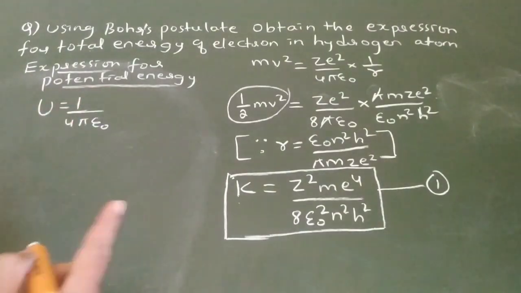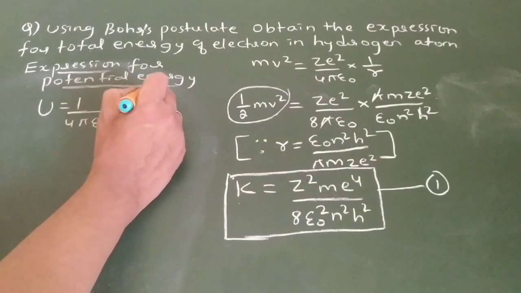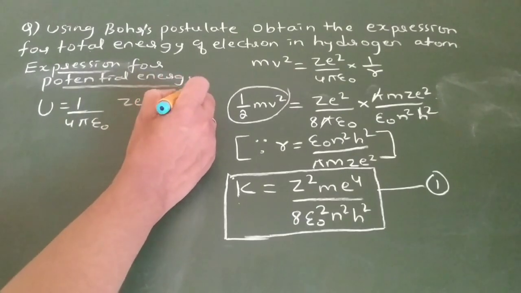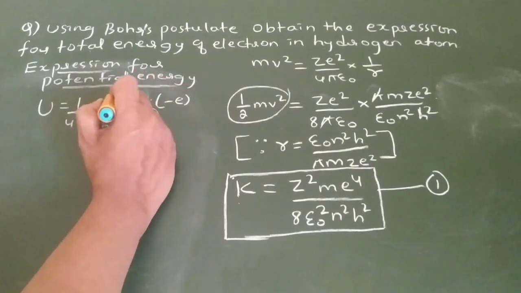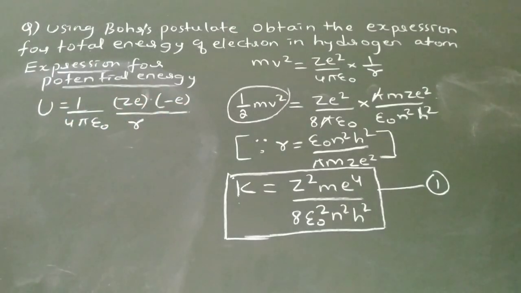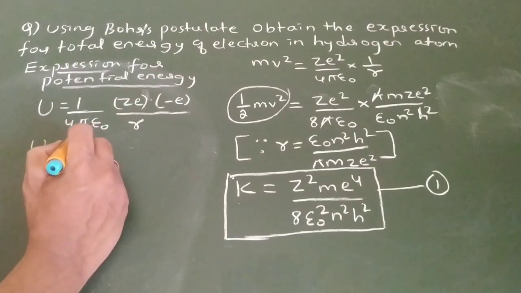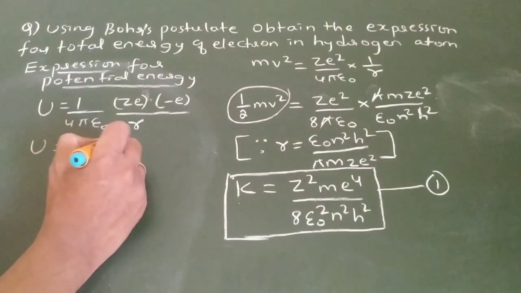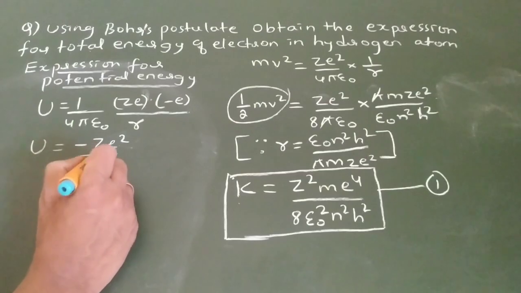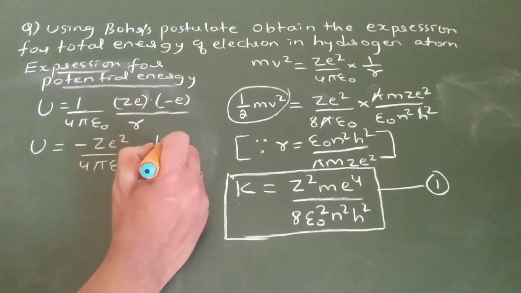In this case, q1 from the diagram is Ze and q2 is minus e, divided by r. So potential energy is equal to minus Ze square divided by 4 pi epsilon naught into 1 by r.